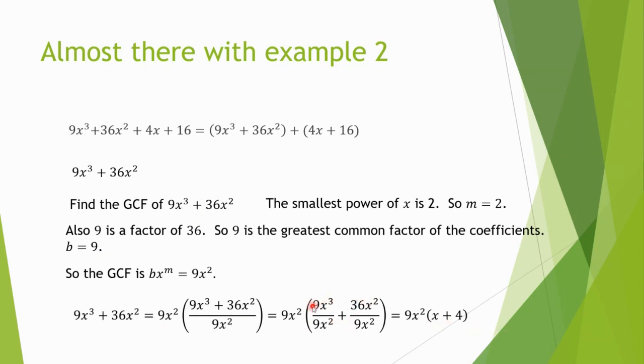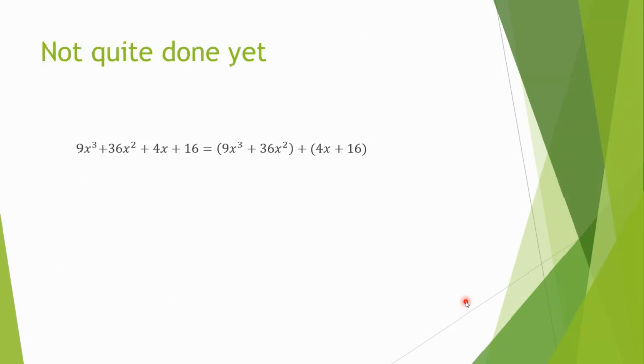Because here, the 9s cancel. For the x's, you subtract the exponents, so we get this. Here, the x squares cancel. 36 over 9 is 4. Good. Now that's the first group.